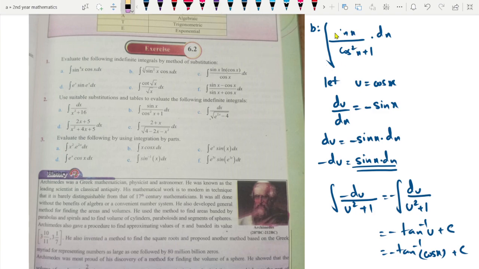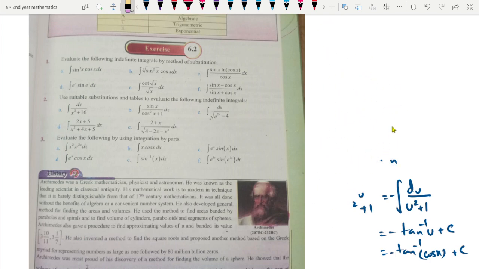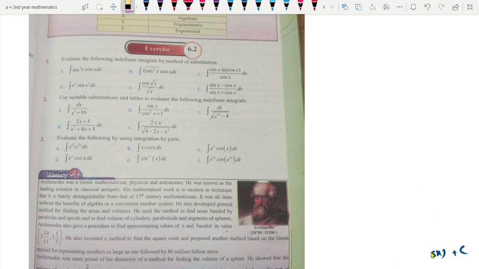Now we will discuss the next part. Next we have the C part of question number 2, integral of dx under root e power 2x minus 4. So we have to solve this question.